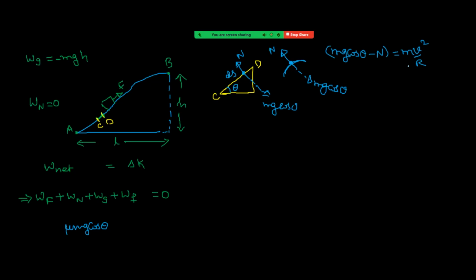Since it is given the body is taken slowly, v is almost zero, that means it is equal to zero. Therefore N equals mg cos theta. That's why I have mentioned in the beginning of the problem that the key point is slowly taken. That's why we are able to write N equals mg cos theta.